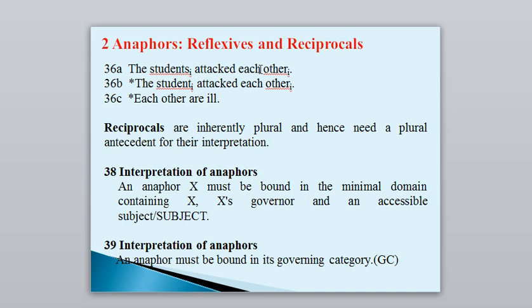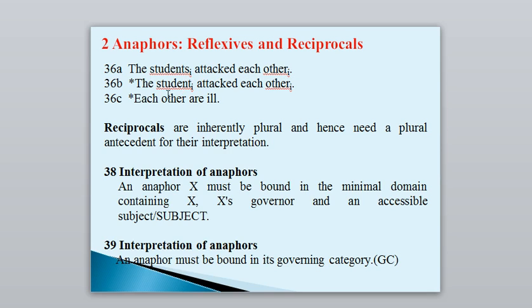This is a kind of reciprocal. The students attacked each other. Each other are ill. You see here, these are reciprocals. The first one is okay because each other, like the reflexive himself, needs an antecedent. So the students is its antecedent and can bind each other, and this is okay. We co-index these two without any problem.